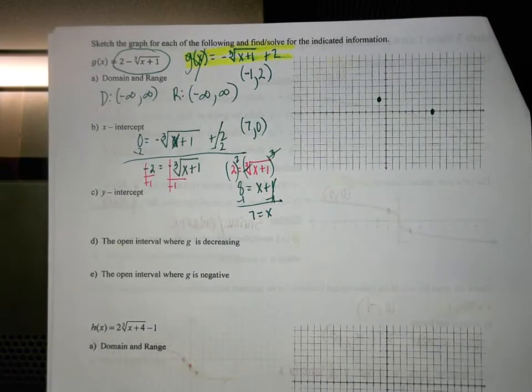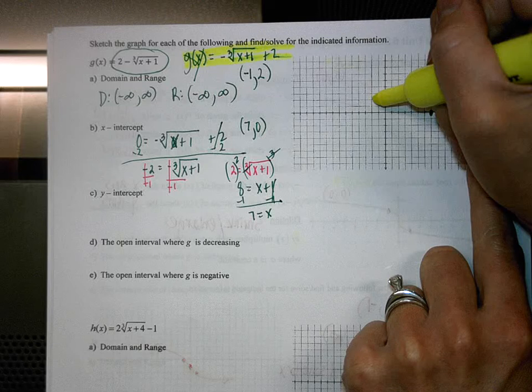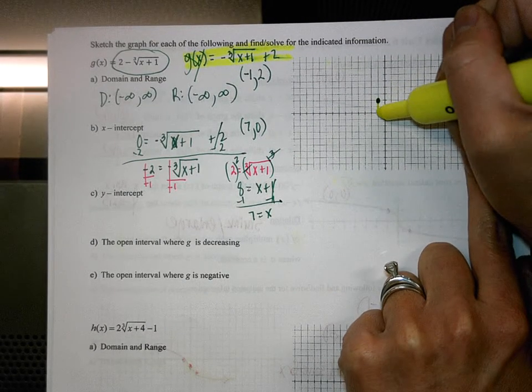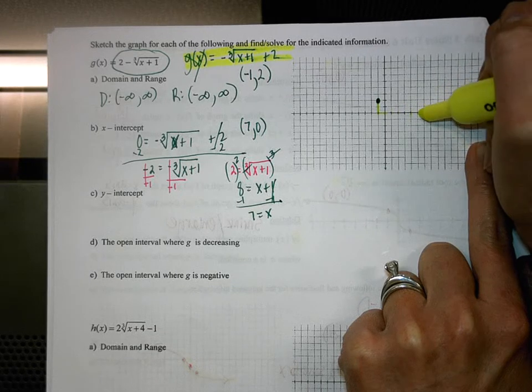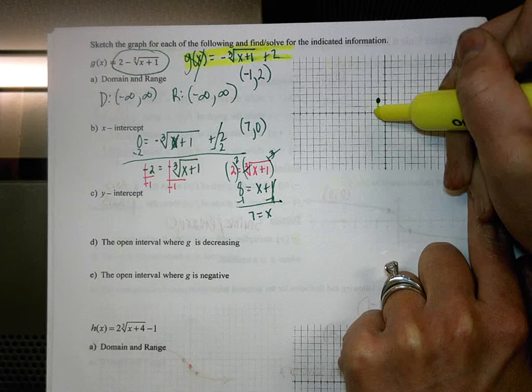And so on this one, again, if we are talking about how our curve should go, this went down 2 and right 1, 2, 3, 4, 5, 6, 7, 8. Okay, so down 2, right 8.